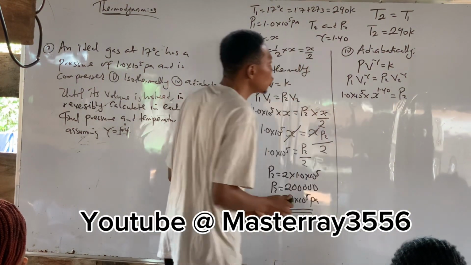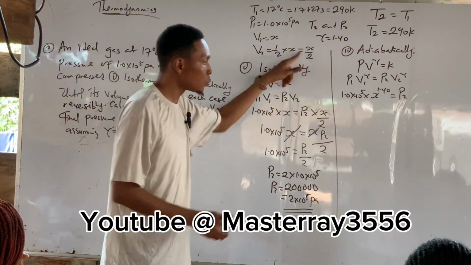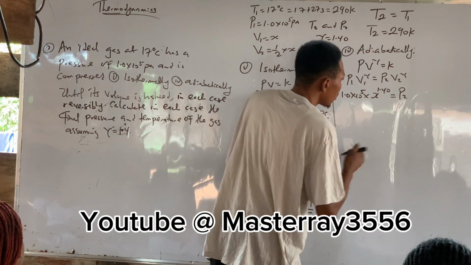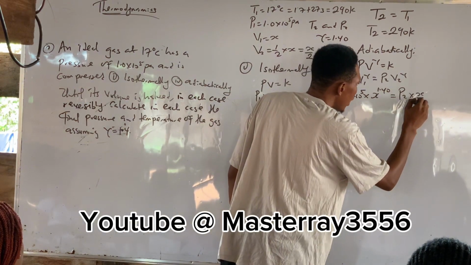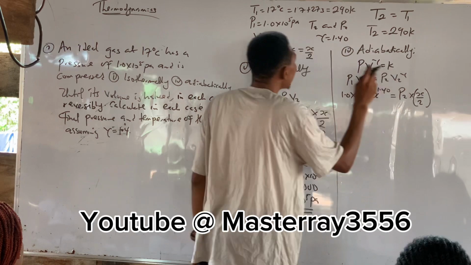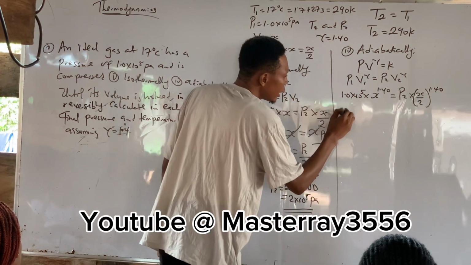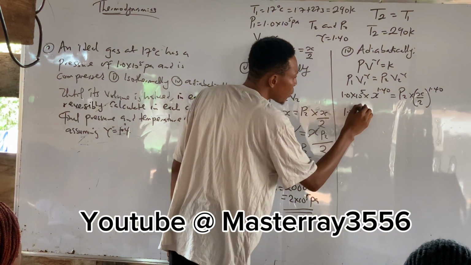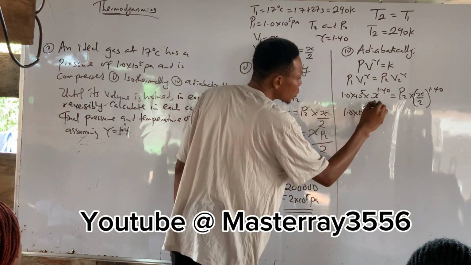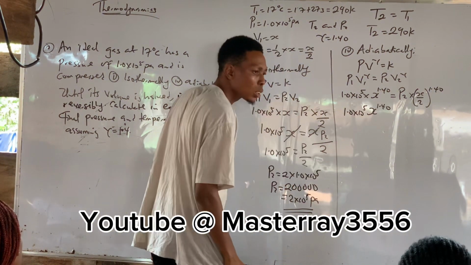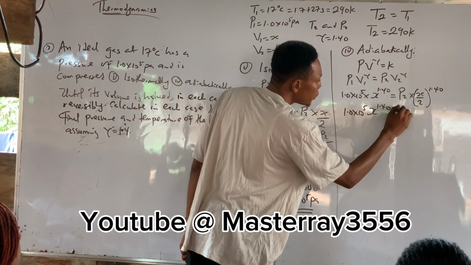So what's our V2? X over 2. So we have X over 2 raised to power gamma, which is 1.40. So this is 1.0 times 10 raised to power 5 times X raised to 1.40, equals P2.